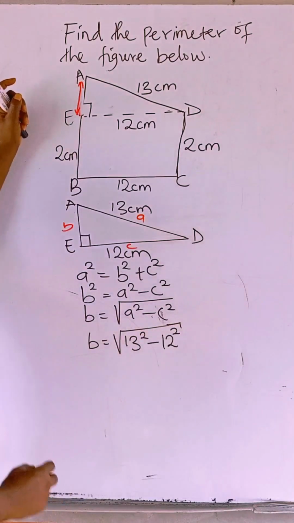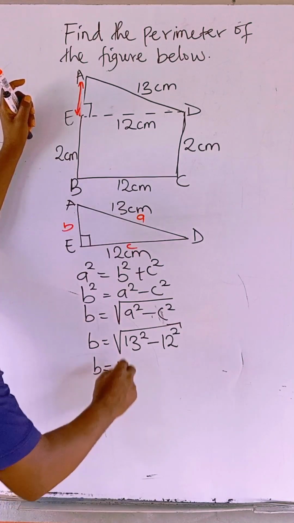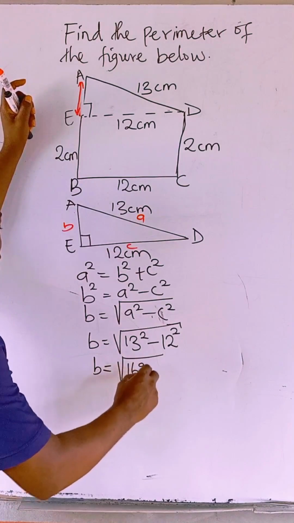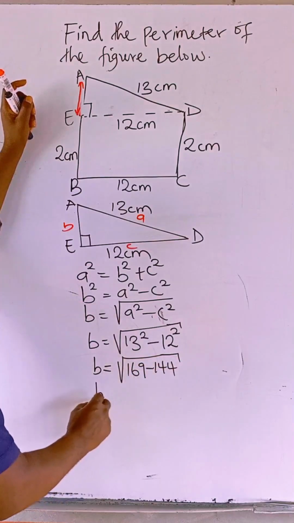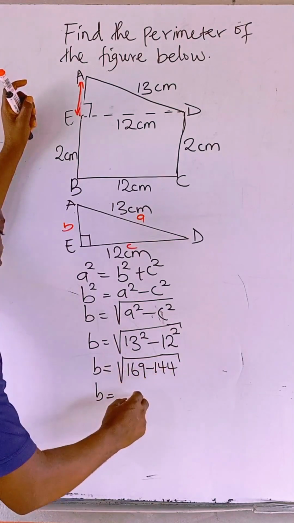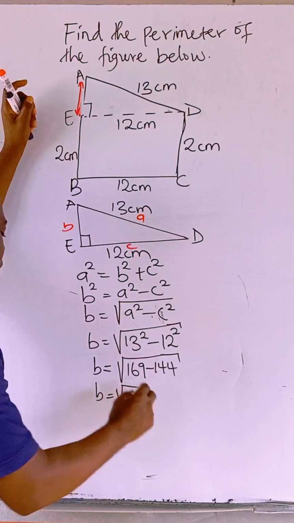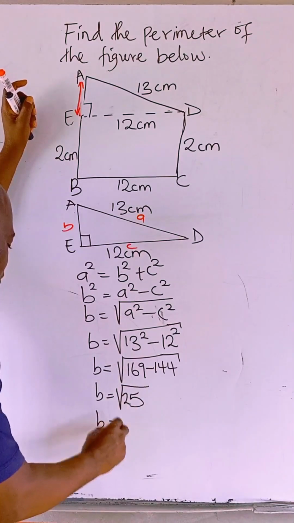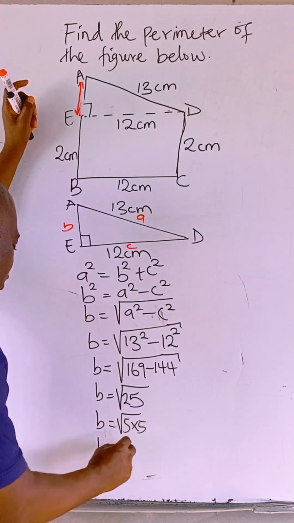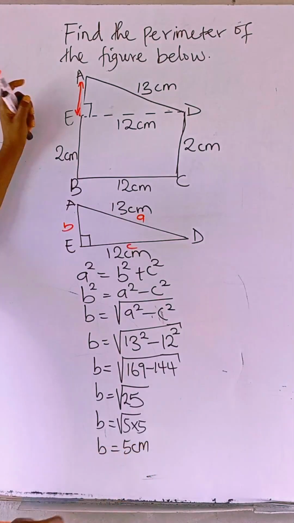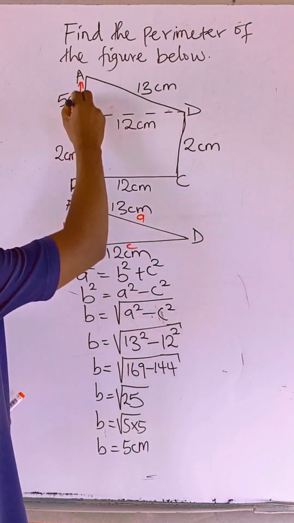That is the square root of 169 minus 144. So B becomes the square root of 25, which is the square root of 5 times 5, and B becomes 5 cm. So B here is 5 cm.